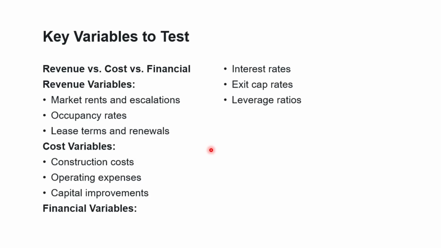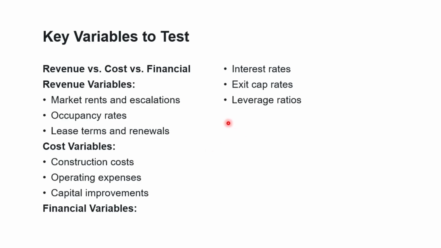So what are the key variables to test? We just said that there are different variables, but what we want to look at, and how rigorously those assumptions should be tested, is what we will understand here. First we have revenue variables, which are your income drivers.